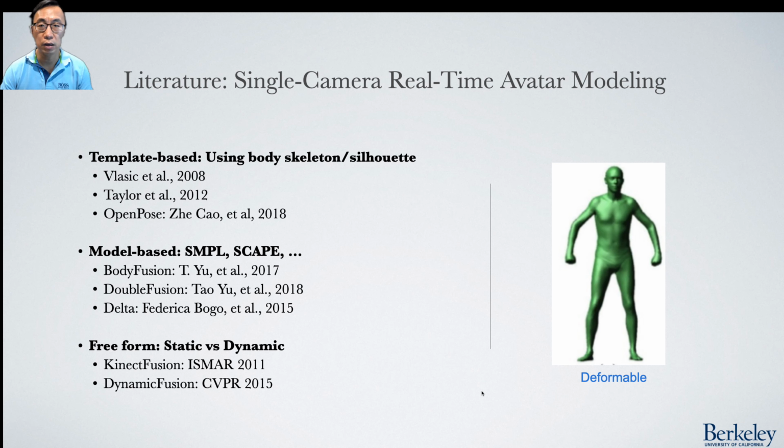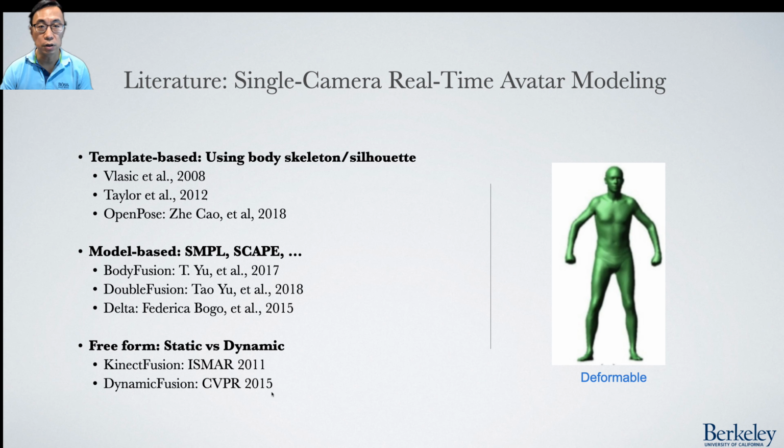So this is the scenario we are interested in OpenARK. We can summarize the existing literature in 3 directions: template-based, based on body skeleton or silhouette; model-based, such as a simple model; and freeform, such as Kinect Fusion or Dynamic Fusion.